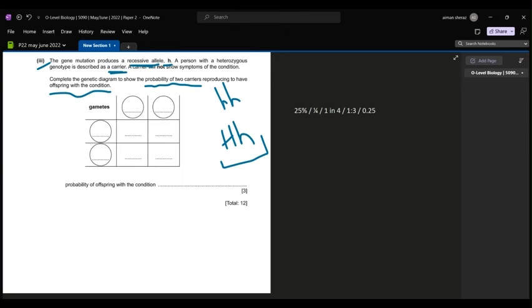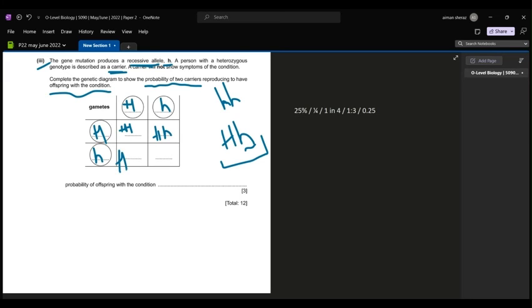You know that H will be the dominant allele, and you only see the features of the dominant allele through genes. You do not see those of the recessive allele. So if we take the gametes, that will be dominant H and recessive h, and the same for the other parent, because they told you the probability of two carriers. So two carriers means they will have the same genotype. Now it will be HH, then Hh.